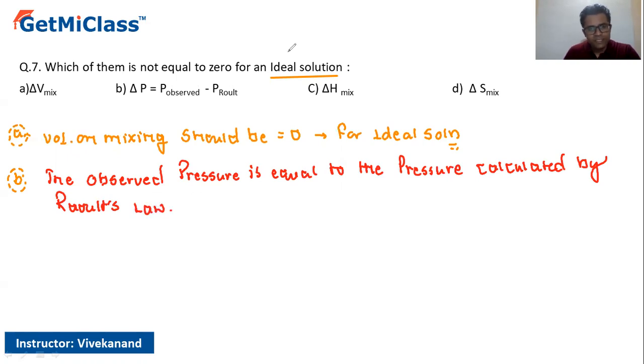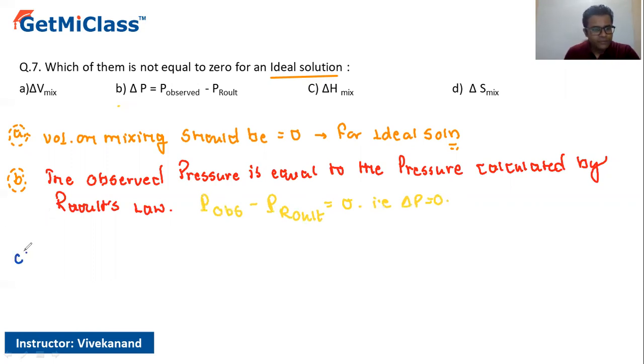So in such conditions, P observed minus P calculated from Raoult's law is equal to 0. That is nothing more than delta P should be equal to 0, and hence even this option B is also equal to 0.